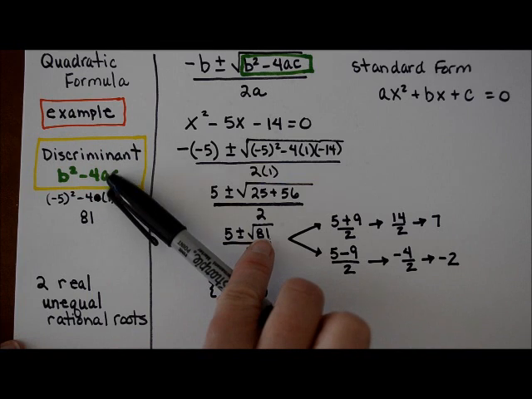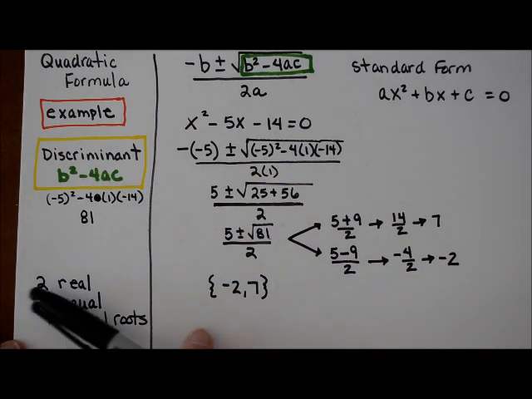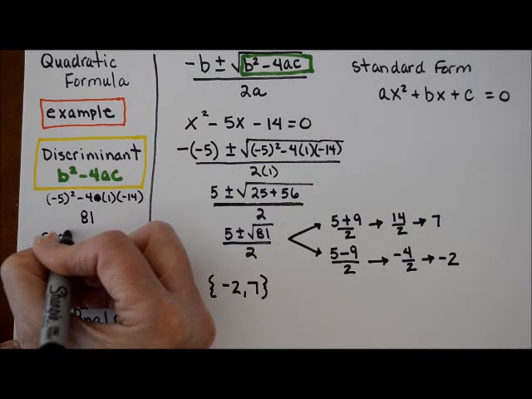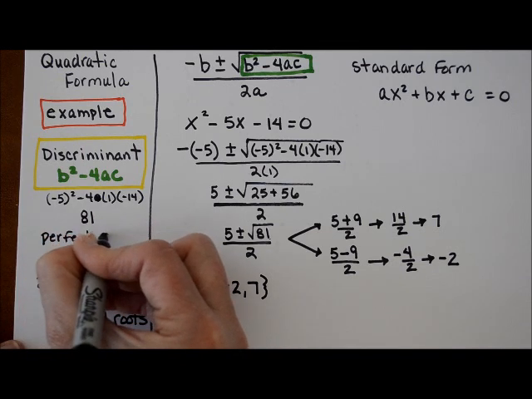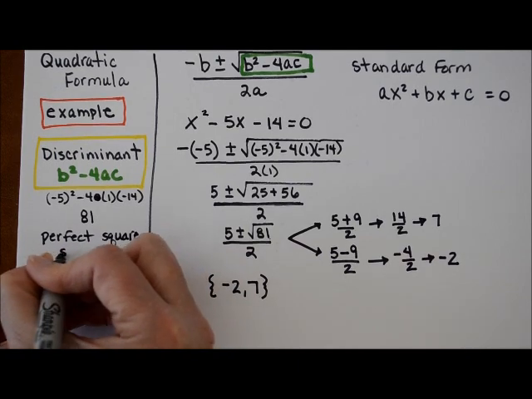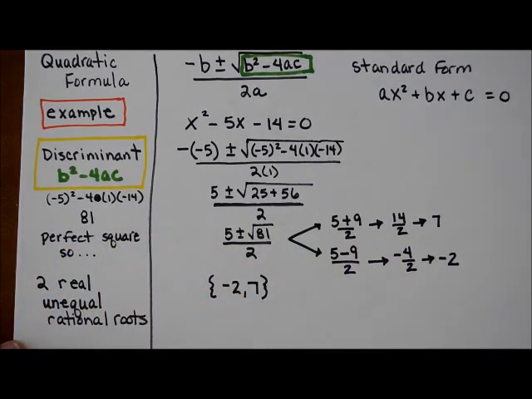So if the discriminant is a perfect square, I'm going to get 2 real unequal rational roots. So, perfect square, I get 2 real unequal rational roots.